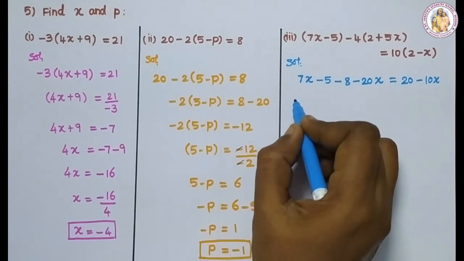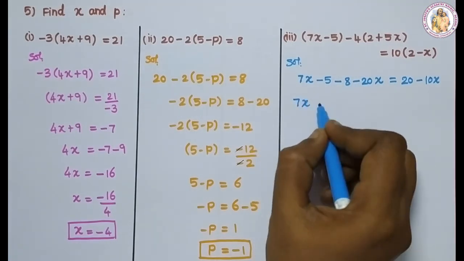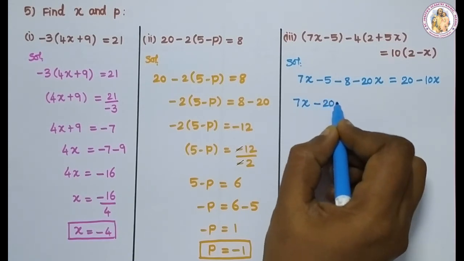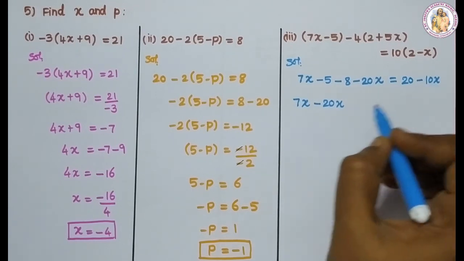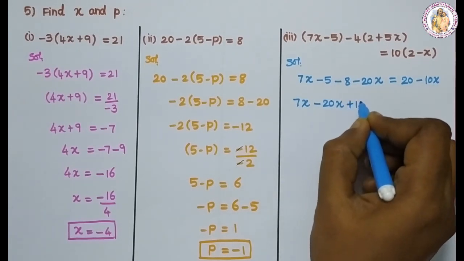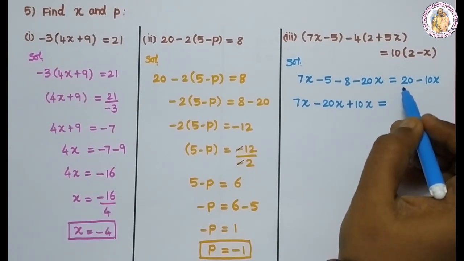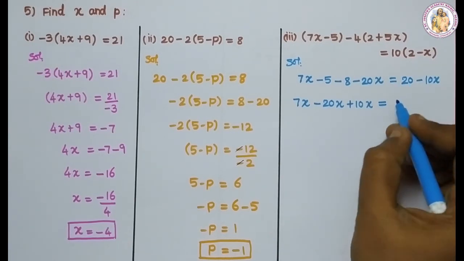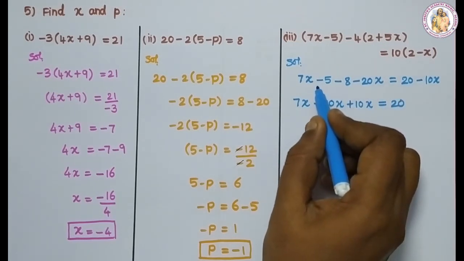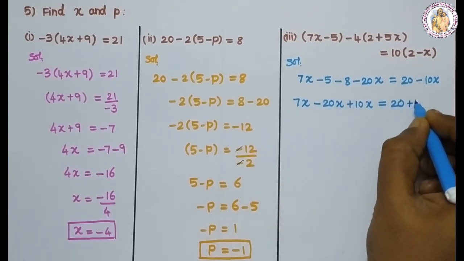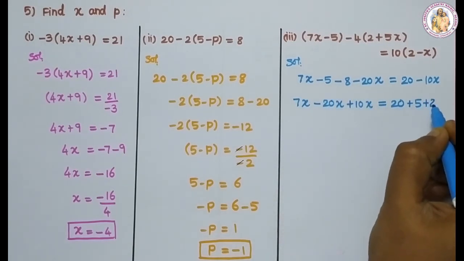Now assemble the variables. 7x minus 20x minus 10x becomes plus 10x, equal to, assemble the numbers this side, 20 here already, minus 5 becomes plus 5, minus 8 becomes plus 8.